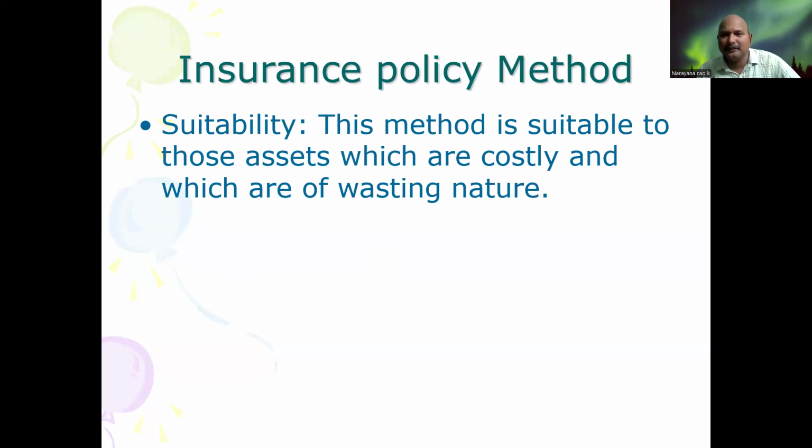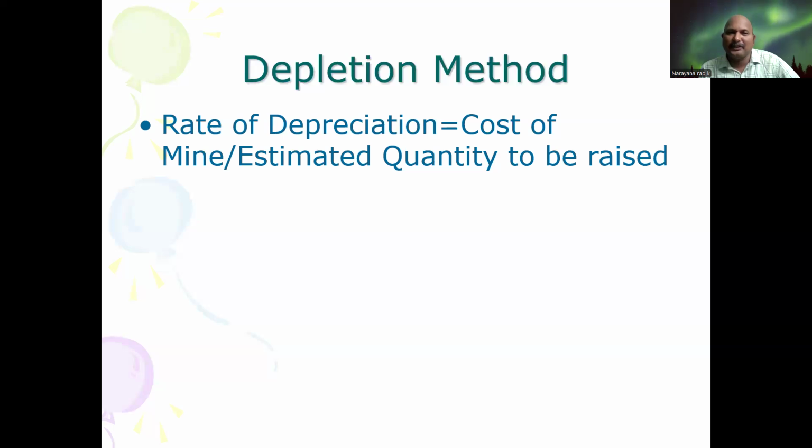Insurance policy method. This method is suitable for assets which are costly and wasting in nature. And the depletion method. The depletion method is used for mines, coal mines, different types of mines. The rate of depreciation is the cost of the mine divided by the estimated quantity to be raised.